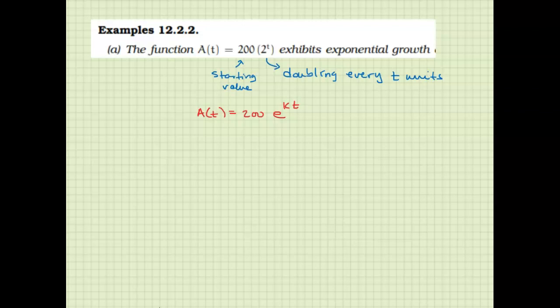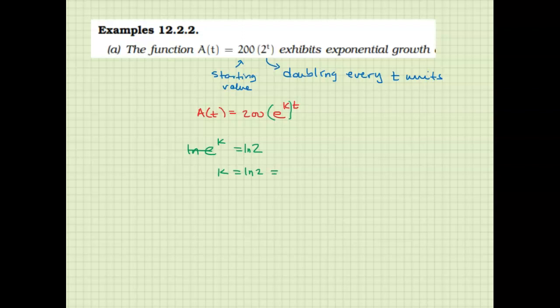Okay, so to figure out what that is, in order for these to be the same, e to the k has to equal 2. So to solve for k, you take the log of both sides. This cancels out, so k equals log of 2.